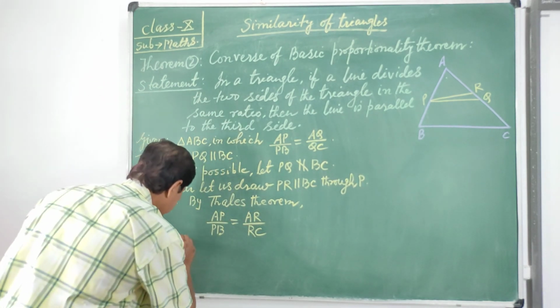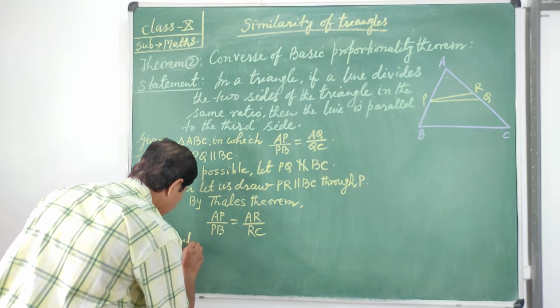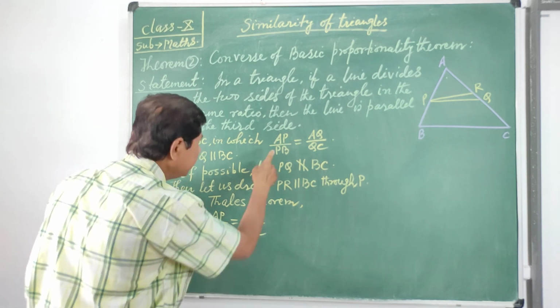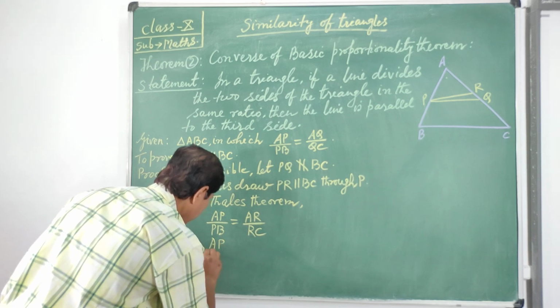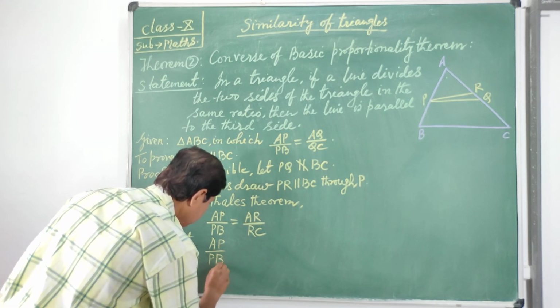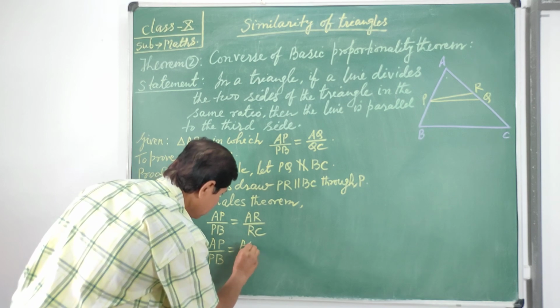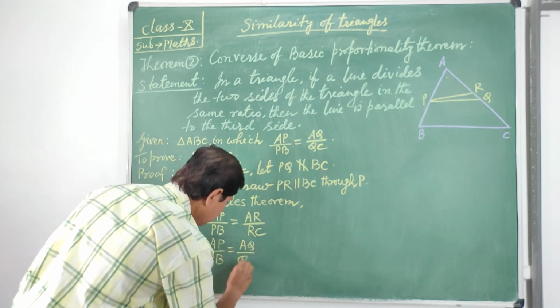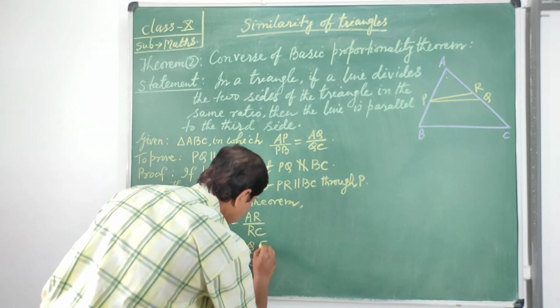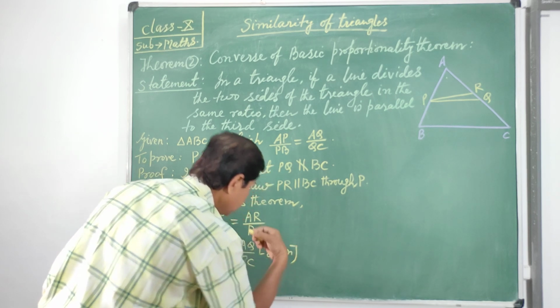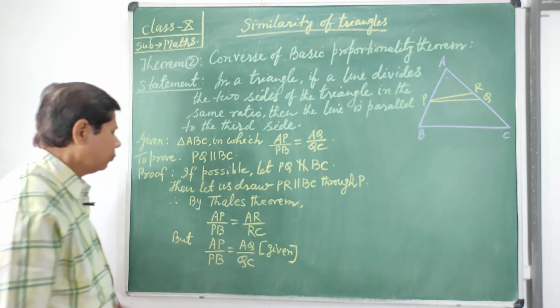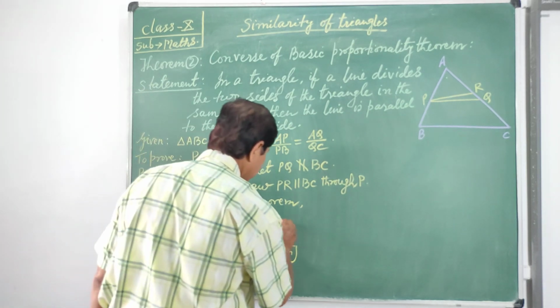But AP by PB equal to AQ by QC. This is already given. So call these equation numbers 1 and 2.